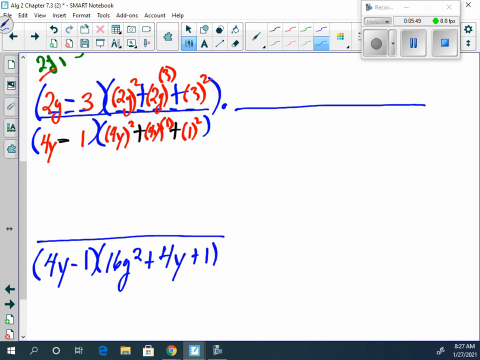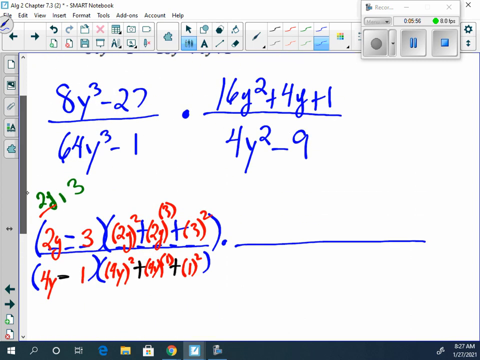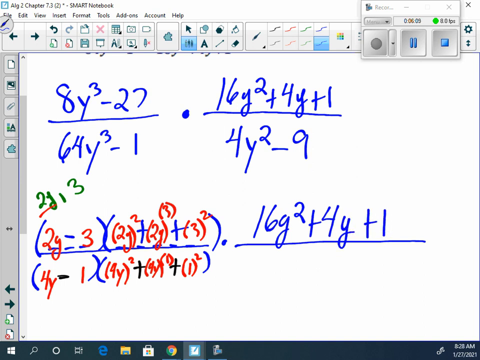Wait a minute, does that look familiar? It is the same one, yes? So we know that because that one's not factorable, this one won't be either. So it's not factorable.